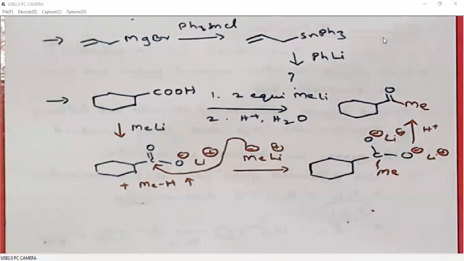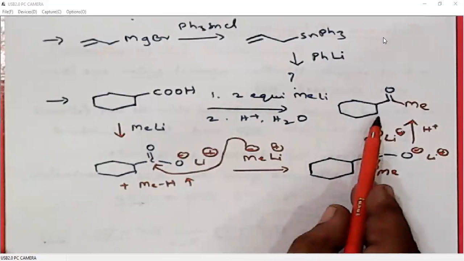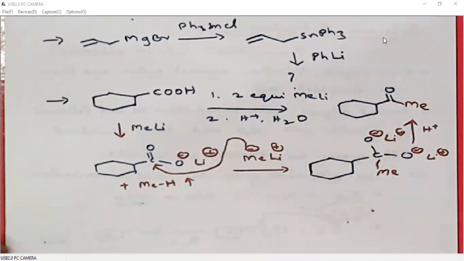So alkyl lithium reagents will convert carboxylic acids into ketones. Take the notes.